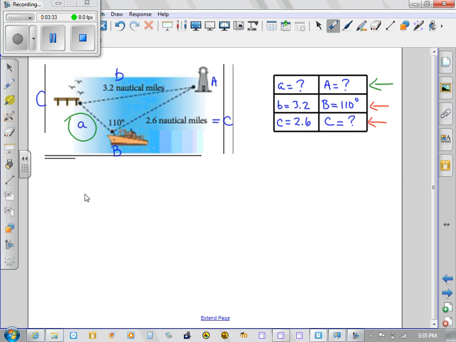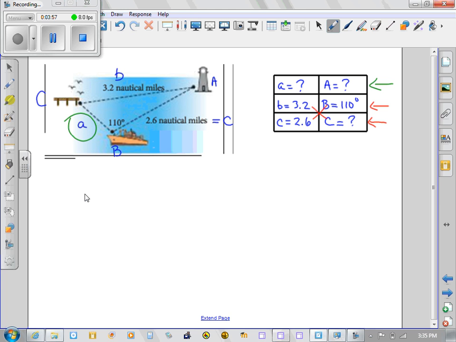So if you and I can figure out what angle C is, we could then maybe come up with information for row A. So let's start there by determining the measure for angle C. Let's use the sine law to do that.